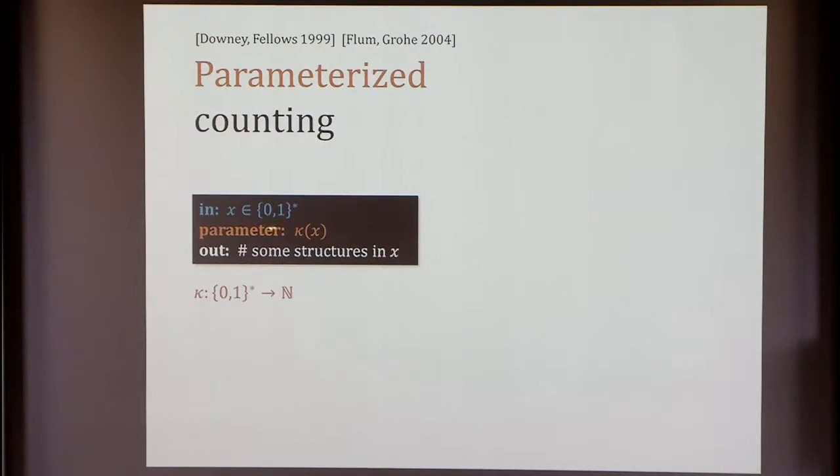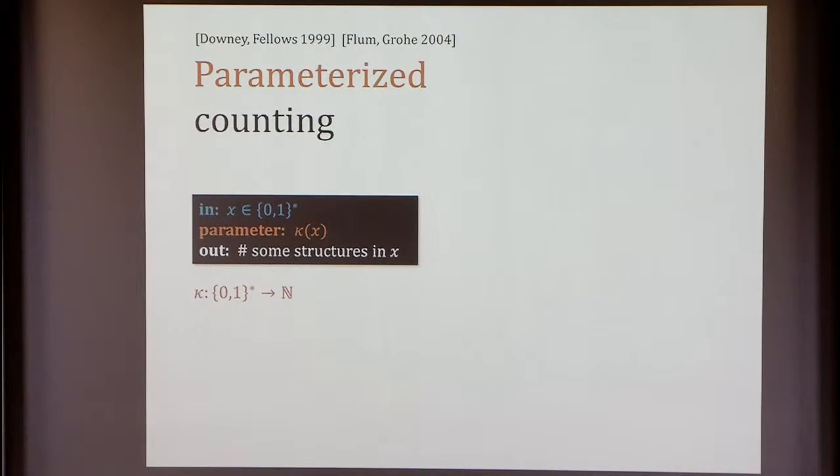But now we have this additional parameter, kappa of x. And the parameter in a problem like this is just a function that maps inputs to natural numbers. It's supposed to be computable. And the idea is that the parameter measures some notion of instance hardness that is more refined than just looking at the instance size. Okay?